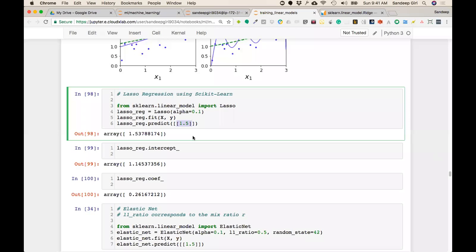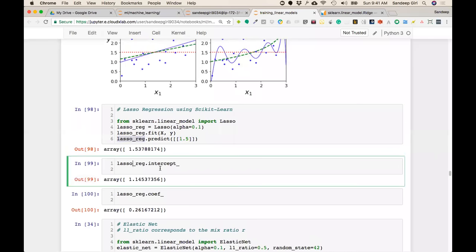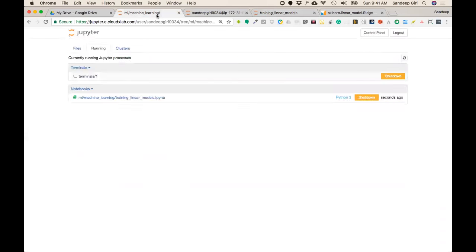Okay, so Lasso has understood the model and now it's predicting the values of Y. All right, good. Good question.